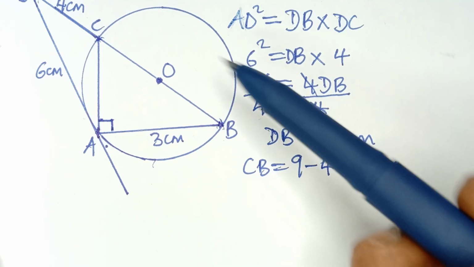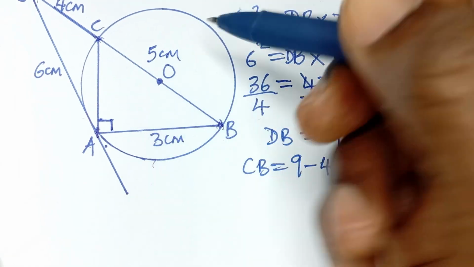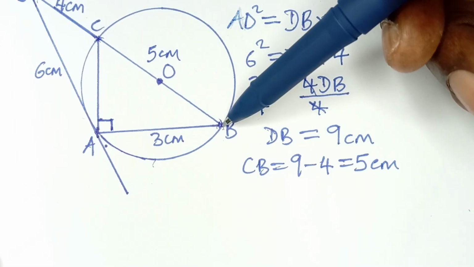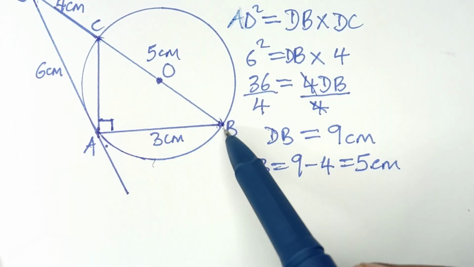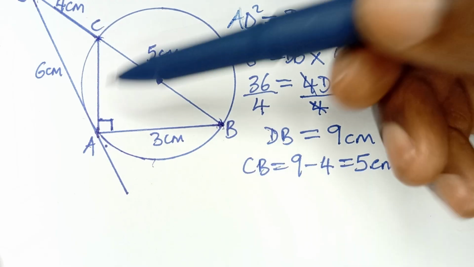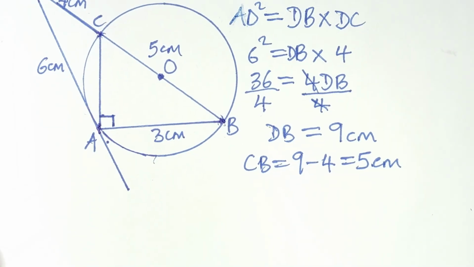So now, we know this part as 5 centimeters, that is from C to B. We already know it as 5 centimeters. And this part is 3 centimeters. And so we have to look for AC. So we're going to apply Pythagoras theorem.